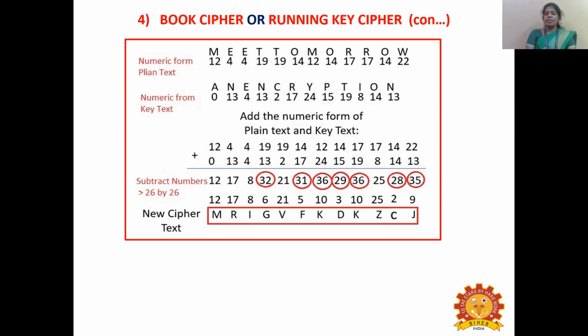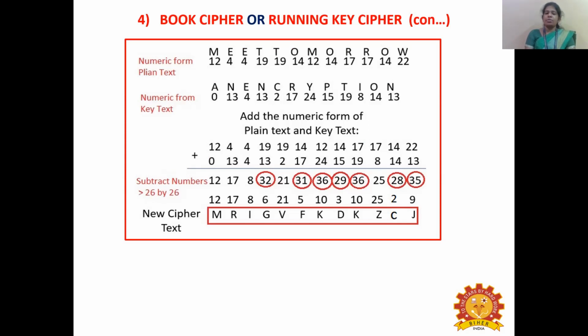If a number is greater than 26, you have to subtract 26 from it, because totally we are having 26 letters, A to Z. If it is greater than 26, we are not able to write the perfect letter for that numeric form, so we just subtract 26. Check it out: 12, 17, 8. The fourth one is 32, which is obviously greater than 26.